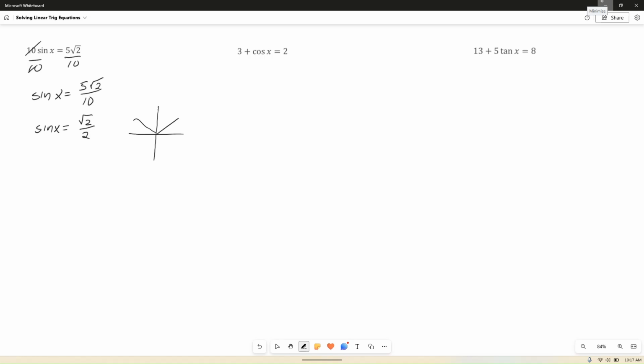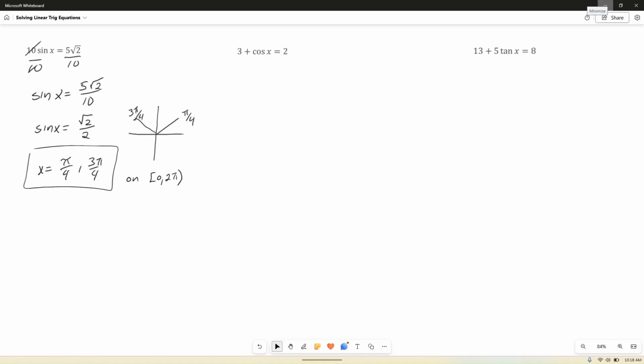So in the first quadrant, the y coordinate will be root 2 over 2 at pi over 4, and the corresponding location in the second quadrant would be 3 pi over 4. So sine of x is equal to root 2 over 2, we could say that x has to equal pi over 4 or 3 pi over 4. Those are the two solutions on the 0 to 2 pi interval.